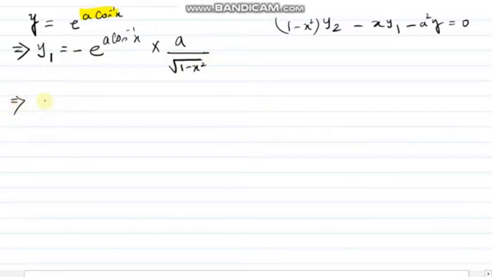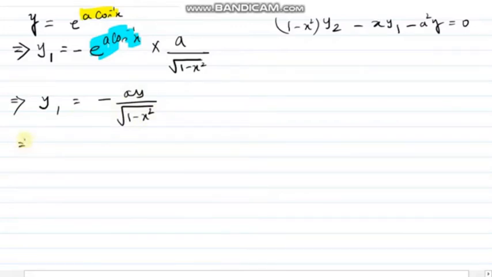So what is this thing? e to the power a cos inverse x. This is y. So can we write y1 as minus a y divided by root over of 1 minus x square? I said I will not keep my denominator and I will not keep the square root. So if I cross multiply and do the whole square, this into this equals a square y square.